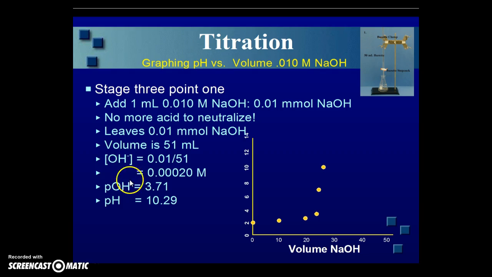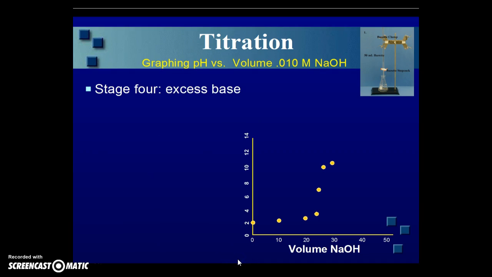We now have to calculate the pOH by finding the negative log of this number. It's 3.71. We subtract it from 14 and get a pH of 10.29. So that next milliliter of base added has driven the pH up another 3.3 units.